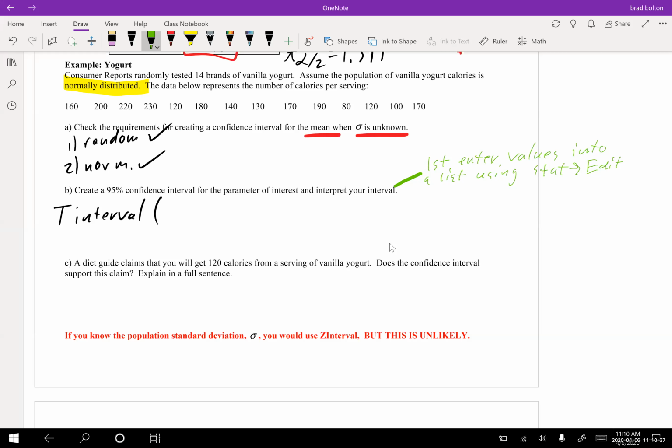So I'm going to go stat edit and I'm going to create my list, and I'm going to use the values they gave me: 160, 200.